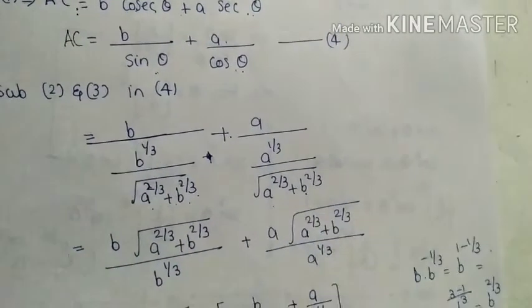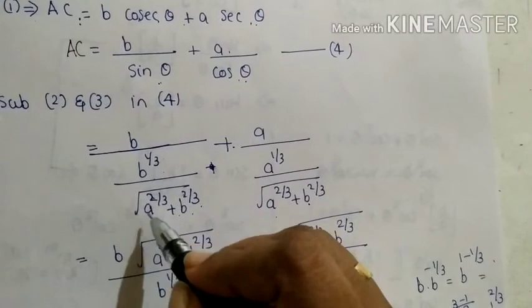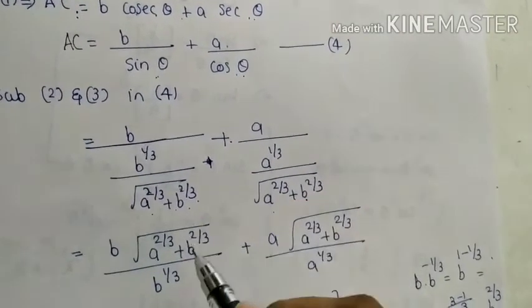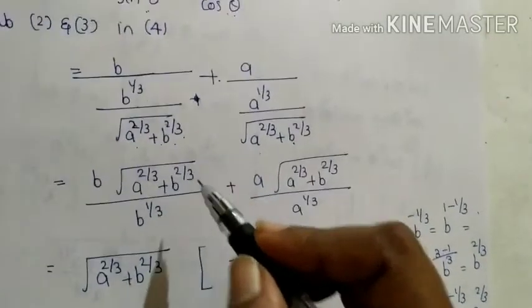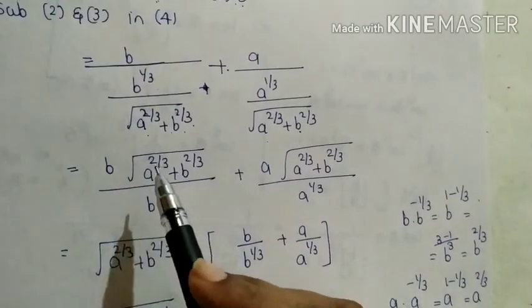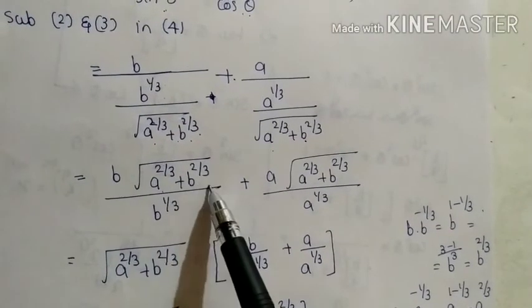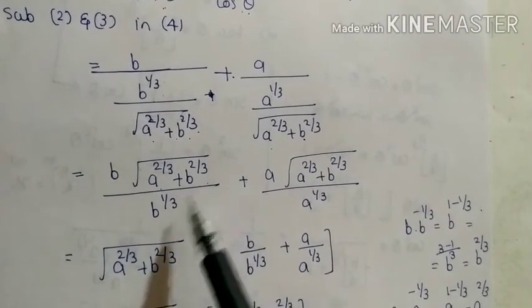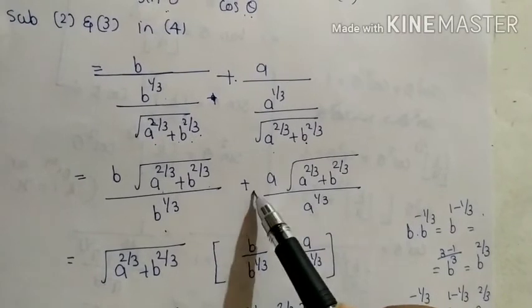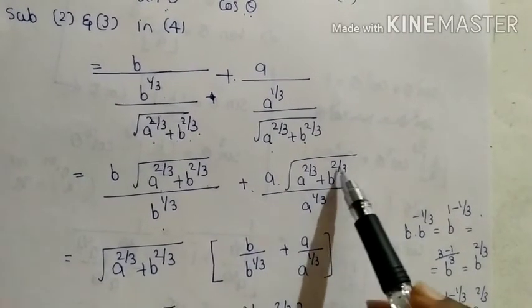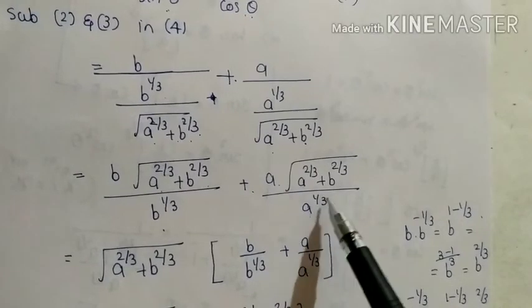Okay, so this denominator term will go to the numerator, and it will become b root of a raised to 2 by 3 plus b raised to 2 by 3 divided by b raised to 1 by 3, plus a root of a raised to 2 by 3 plus b raised to 2 by 3 divided by a raised to 1 by 3.